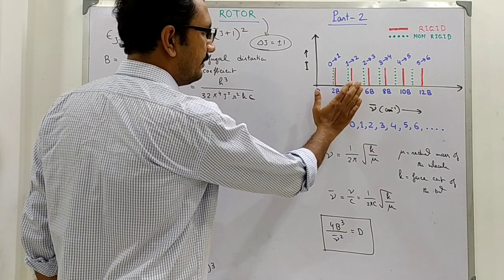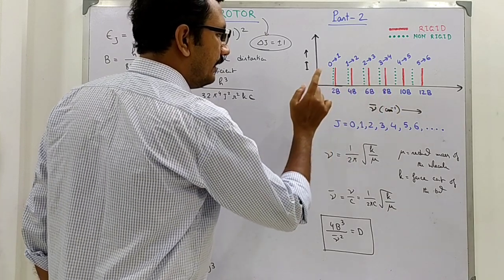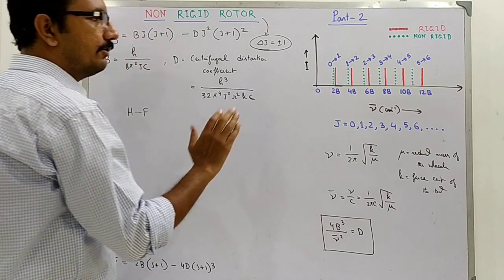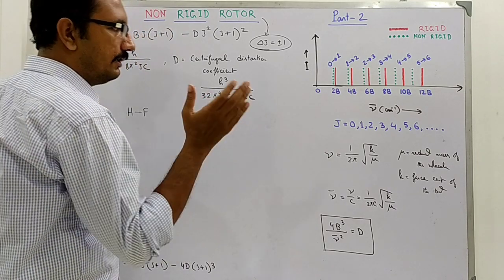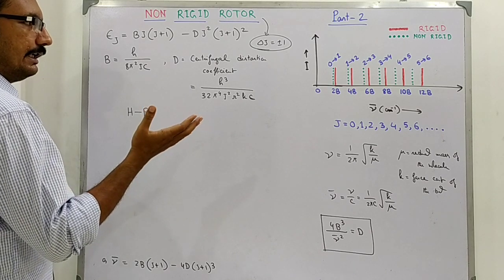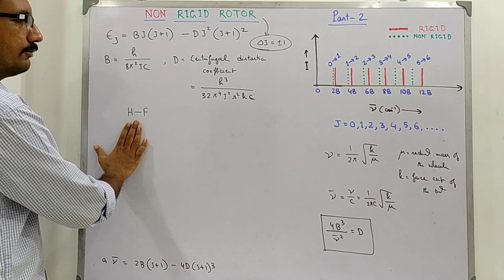As I discussed in the previous part, these green dotted lines indicate the positions of the rotational lines given by a non-rigid rotor, and these lines were carefully experimented on and noted for the molecule hydrogen fluoride.